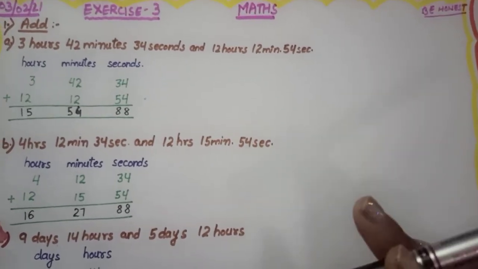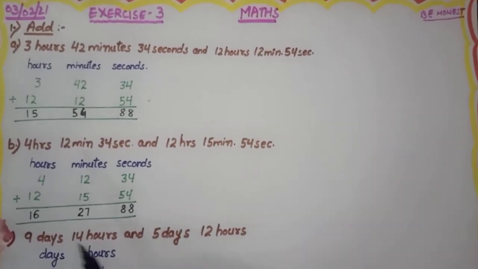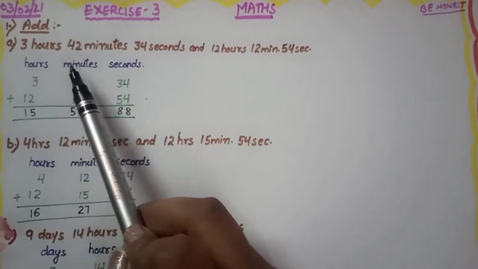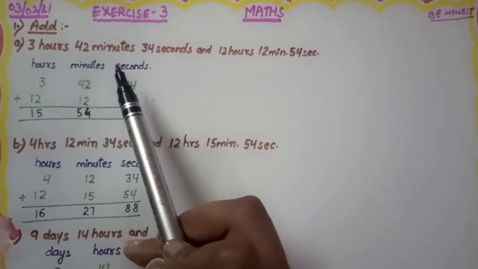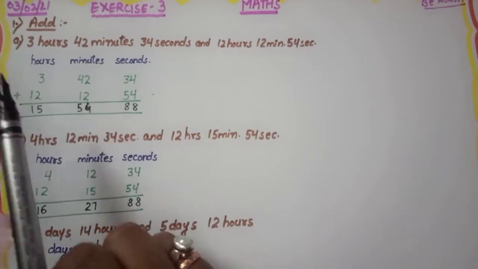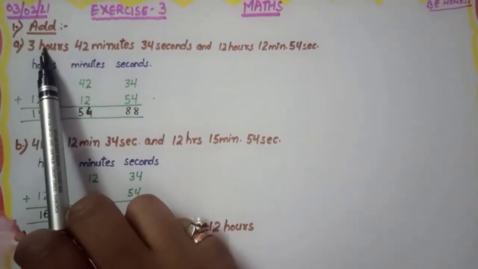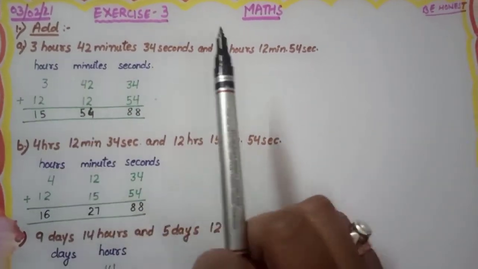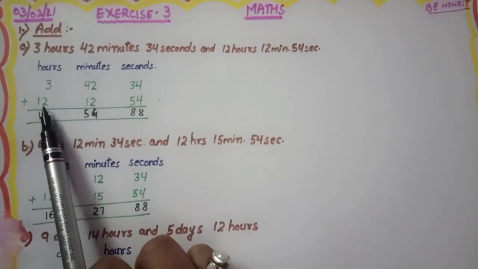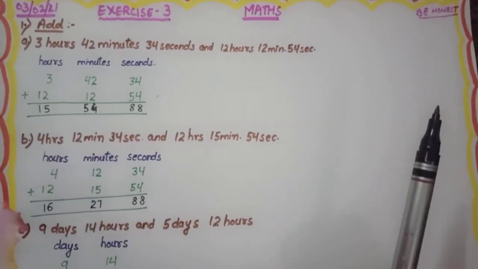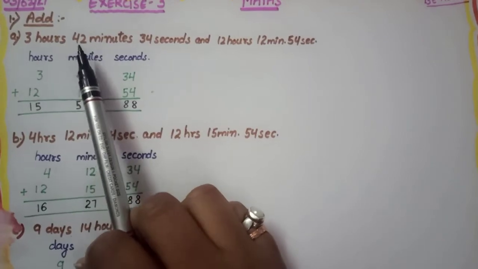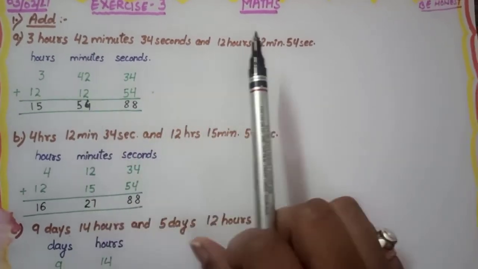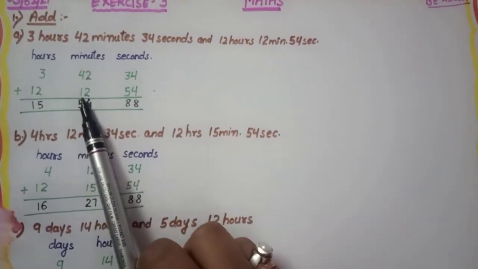Okay, now first of all what we need to do, just write down separately hour, minutes and seconds and the numbers below it. In hour we have 3 over here and 12 over here. This is how I have arranged them vertically. Now in minutes we have 42 minutes over here and 12 minutes over here.